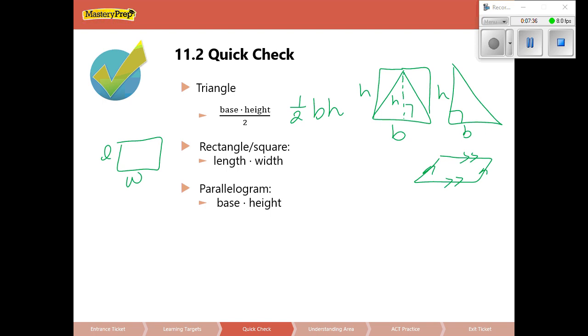A parallelogram does not have to have 4 right angles, but a rectangle and square do. So we can have this kind of slanted figure. A rectangle and square are parallelograms, but not all parallelograms are rectangles or squares.